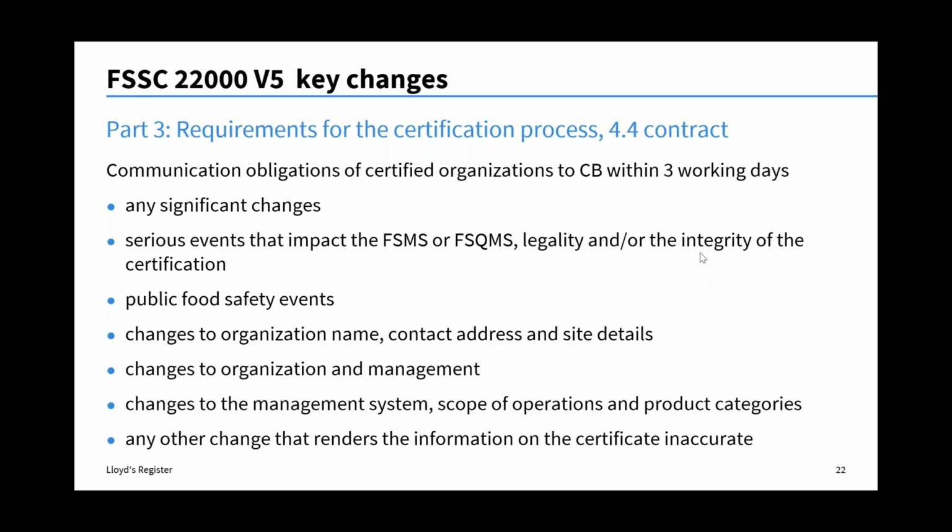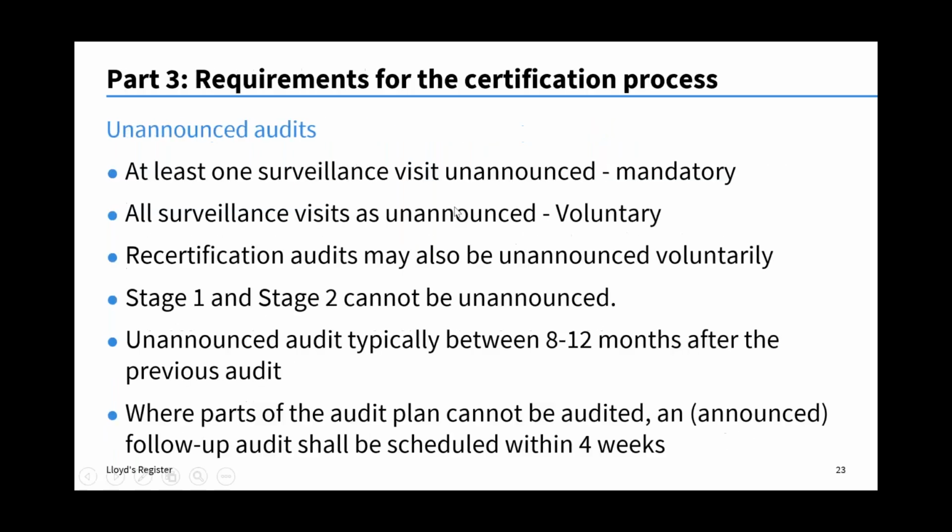Then coming to the next change in Part 3, it is about unannounced audits. There are some changes in the unannounced audit process. The first is there is no change that at least one surveillance visit is unannounced. This was there in the earlier version also, that remains.